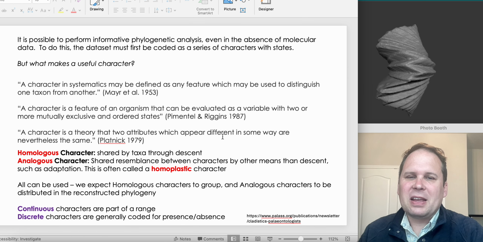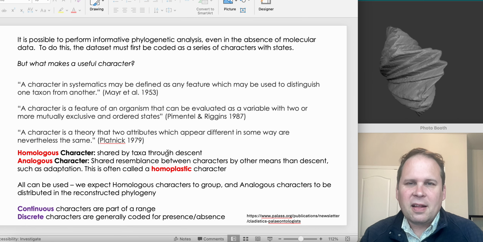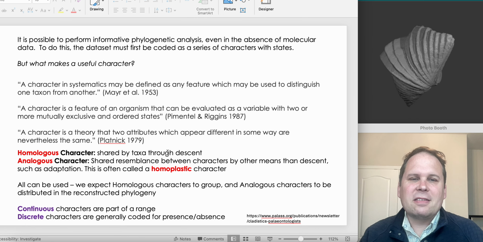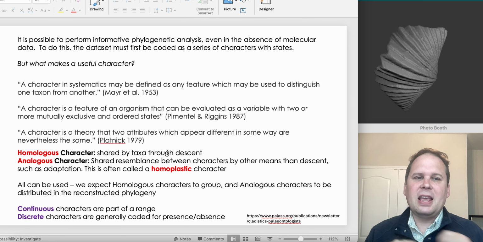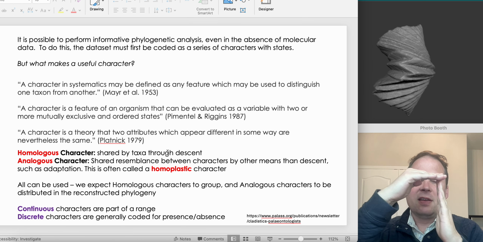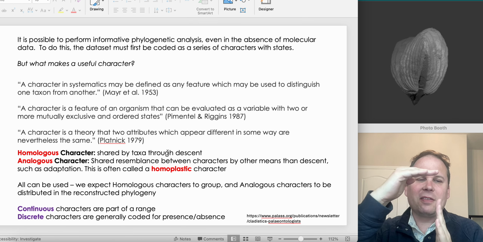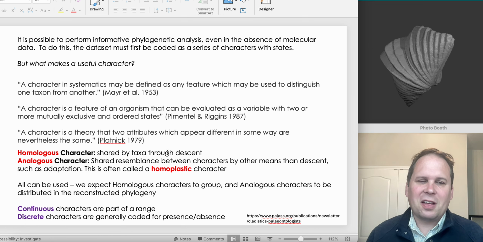So Pimentel and Riggins, 1987, a character is a feature of an organism that can be evaluated as a variable with 2 or more mutually exclusive states, meaning either it's longer than half the shell or it's shorter than half the shell, and you have to include half the shell in there, so maybe shorter to half the shell or definitely longer than half the shell, whatever.